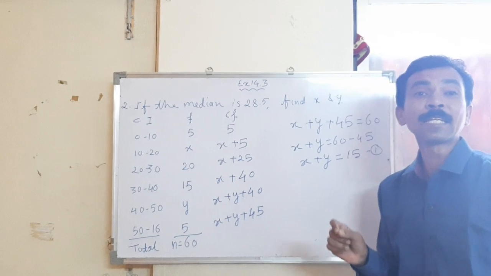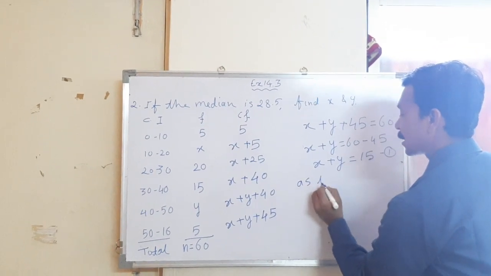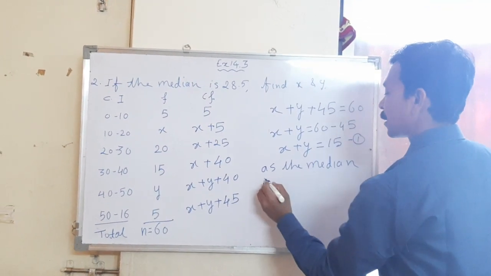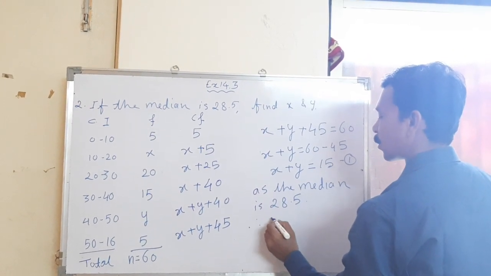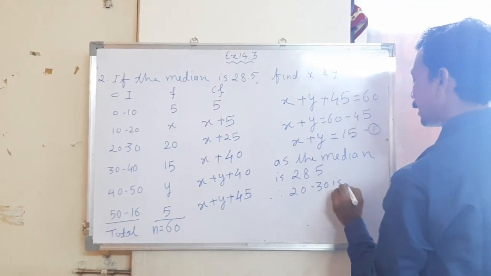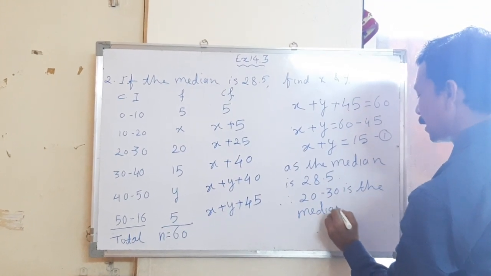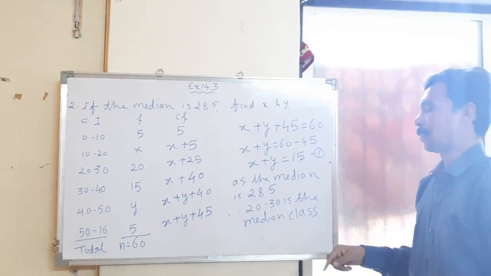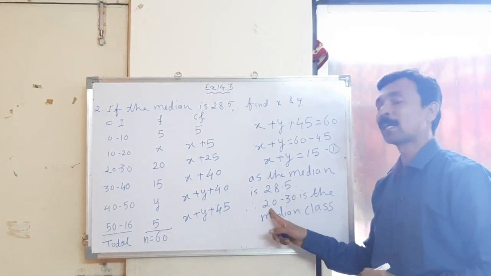Now I will write: the median is 28.5, therefore 20 to 30 is the median class.